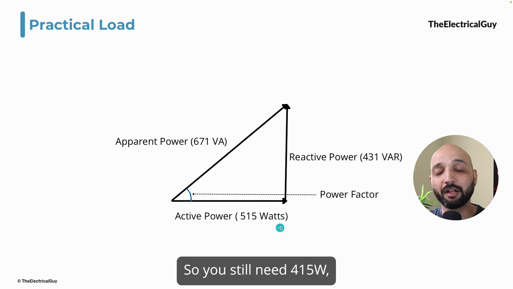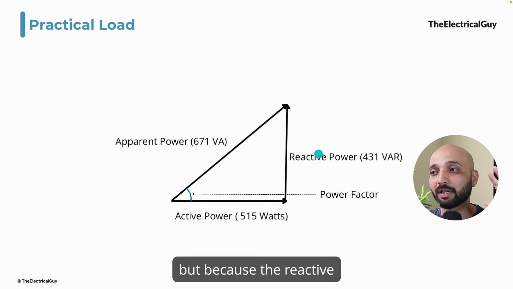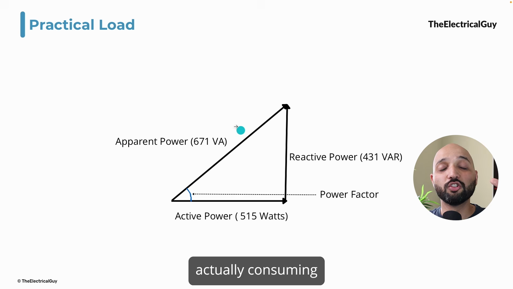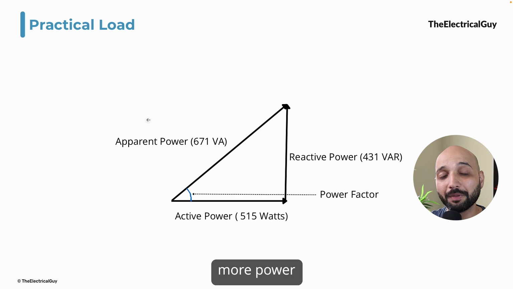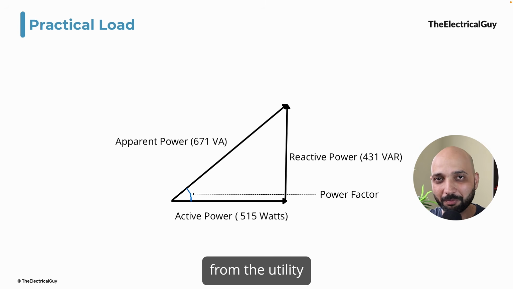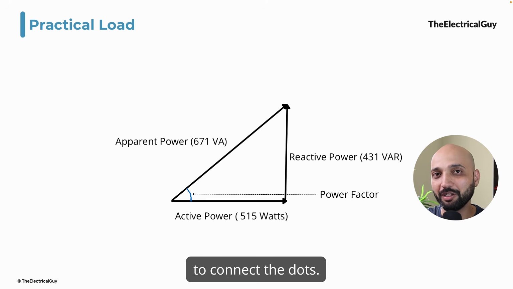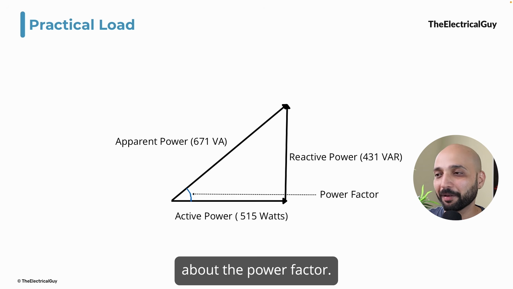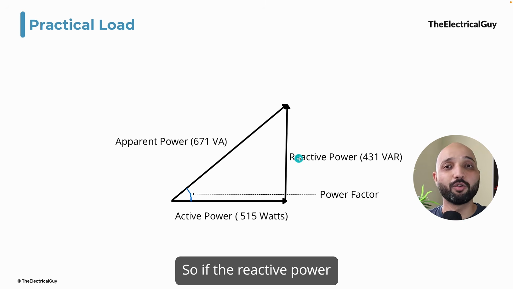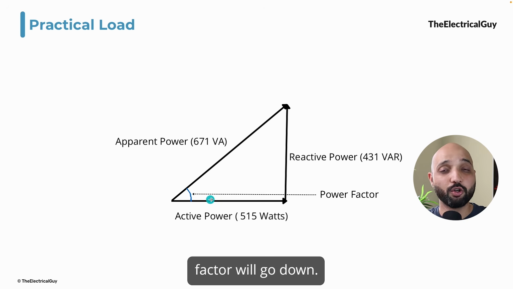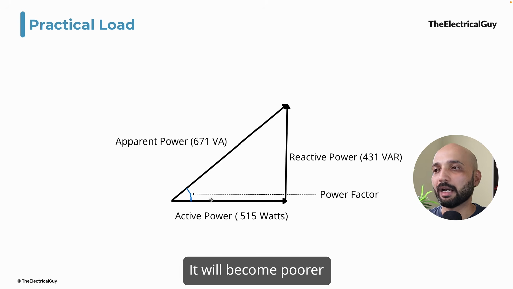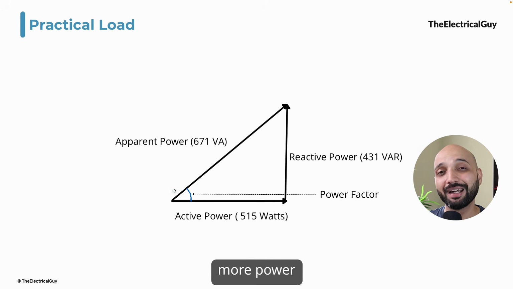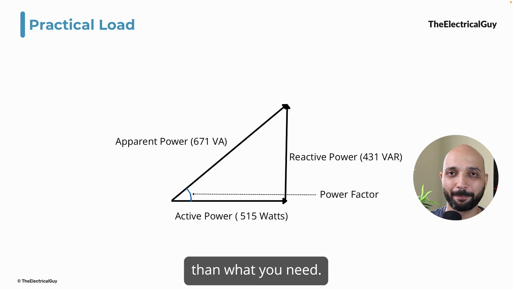So you still need 515 watts, but because the reactive power has gone up, you are actually consuming more power from the utility, right? Now you'll be able to connect the dots. Why utility is concerned about the power factor. So if the reactive power goes up, the power factor will go down, it will become poorer, and you will consume more power than what you need.